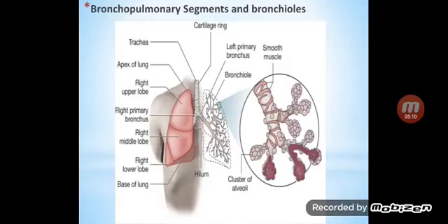There is no cartilage in the bronchioles. The bronchi, primary, secondary, and tertiary, all contain cartilage in their wall, but the bronchioles lack cartilage in their walls. In addition, they are less than 1 millimeter in diameter.